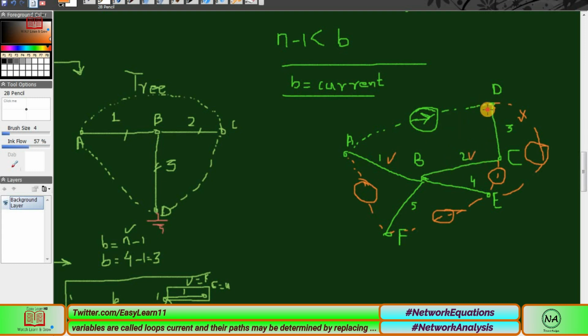It is very important, so listen carefully. At this point, line number 3, or branch 3, check that the first current entering into branch 3 due to this source is downward.